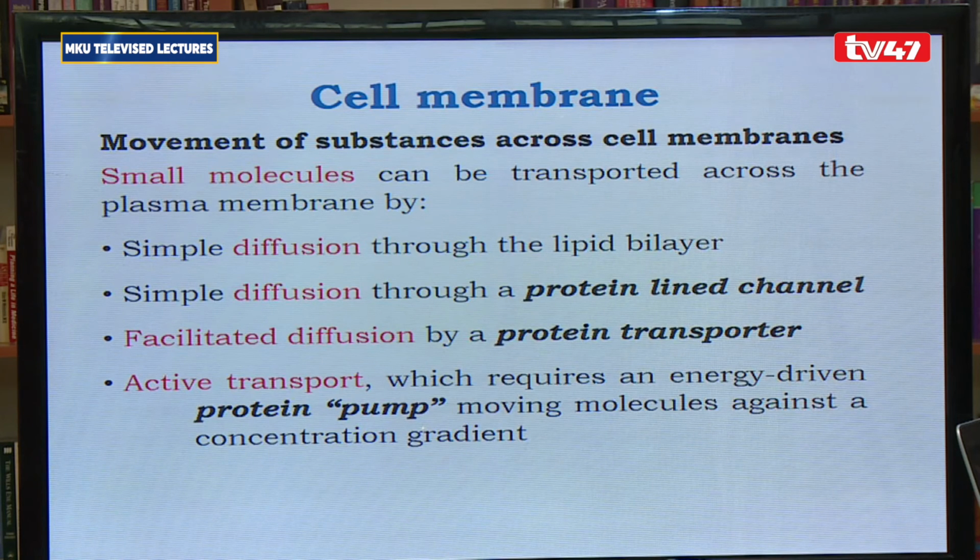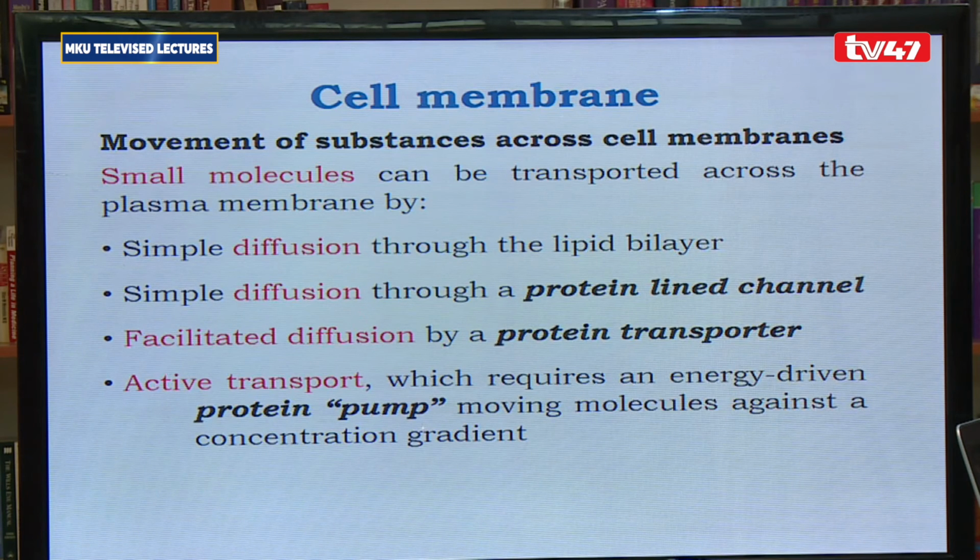We also have substances that travel through the protein-lined channels. Like I had shown you, there are structures of proteins that are transversing the bilayer. So some substances are allowed to pass through there, like some of the solutes which are important in the nutrition of the cell.